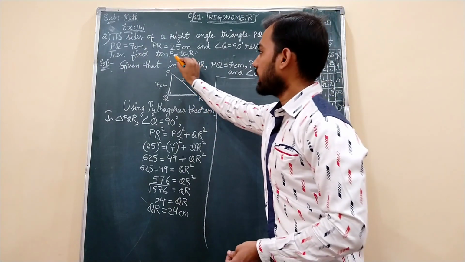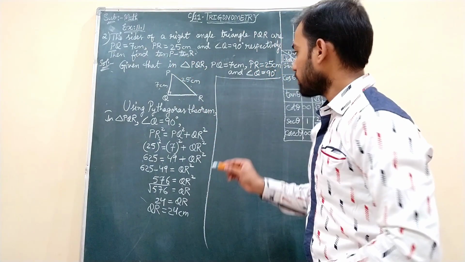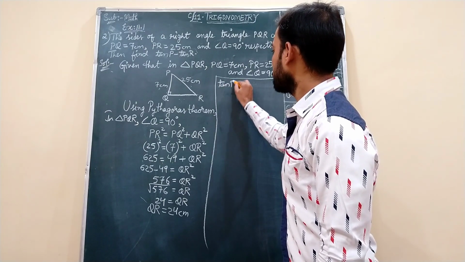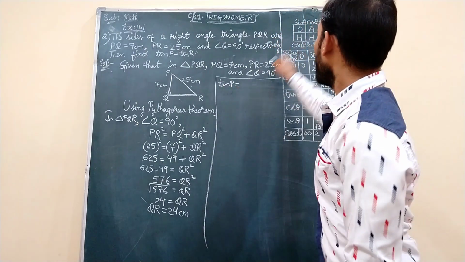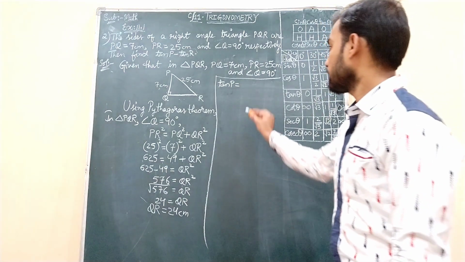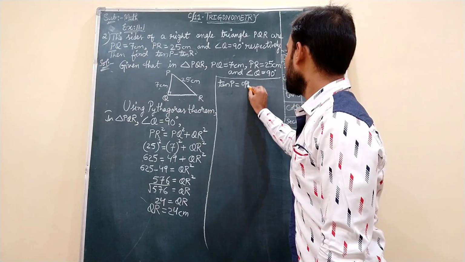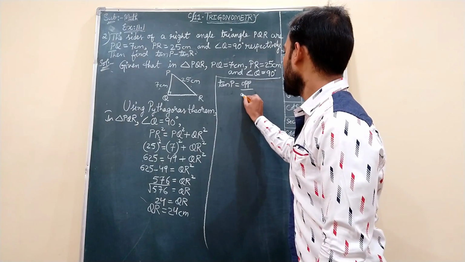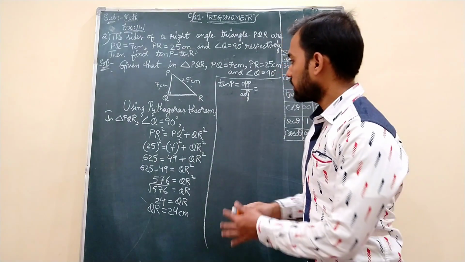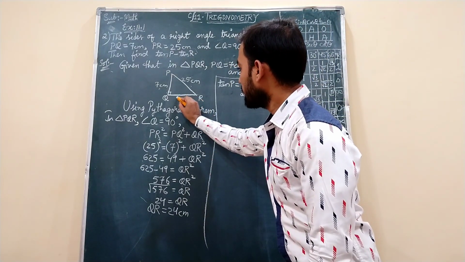Okay, we have to find out tan P minus tan R now. So firstly, I will find out tan P. The formula of tan theta is opposite by adjacent. See students, here we got this as 24 centimeter, right?